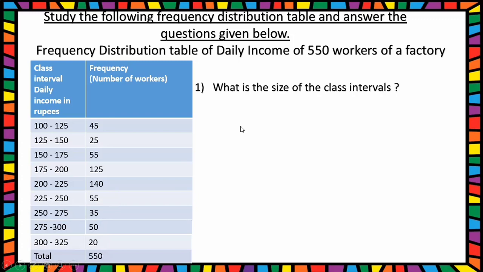Now, what is the size of the class intervals? We discussed already how we can find the size of the class interval: upper limit minus lower limit. That is, upper limit 125 minus lower limit 100. So the answer is 25. Next question.